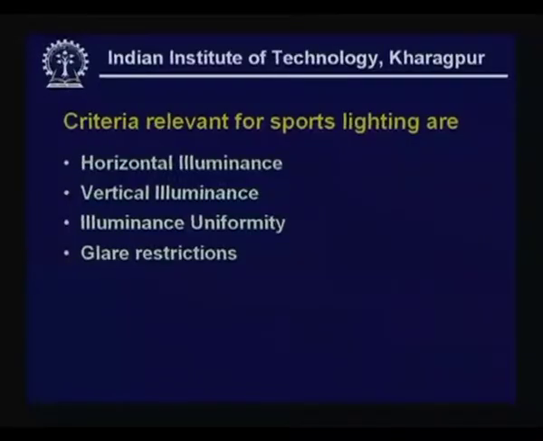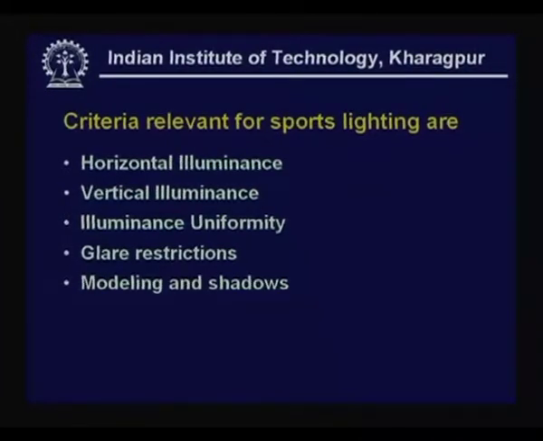And illuminance uniformity, because uniformity of illuminance enables us to clearly distinguish which player is involved, where the action is taking place. And just as in any lighting installation, glare restrictions must be there.